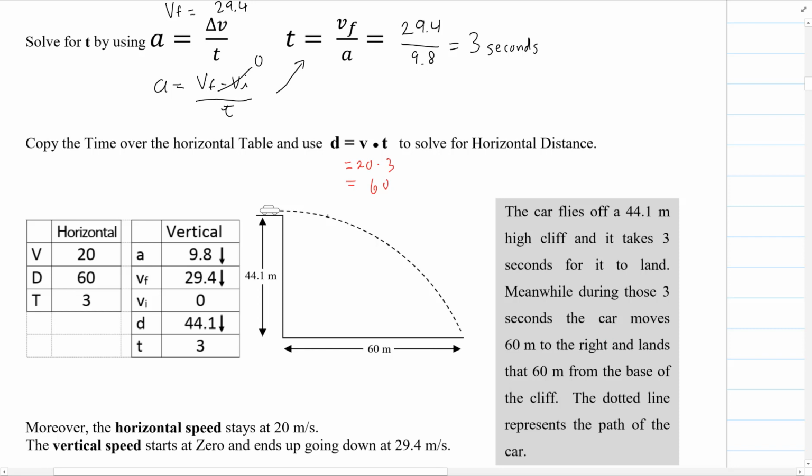So as it plummets and follows this projectile path, which is called a parabola, so a parabolic path, it falls vertically 44, it travels horizontally 60. It lands at this location, still with this speed horizontally, but now it has this speed vertically.